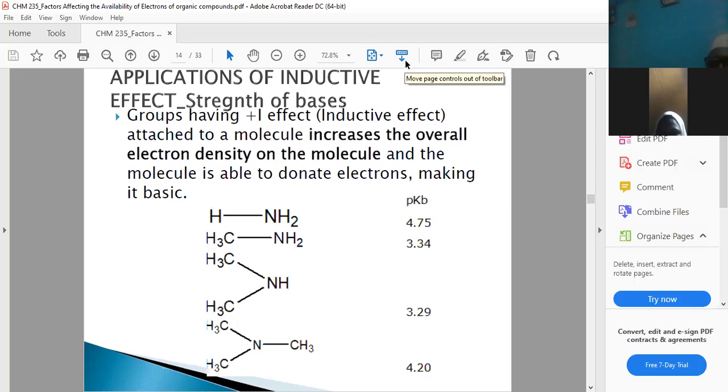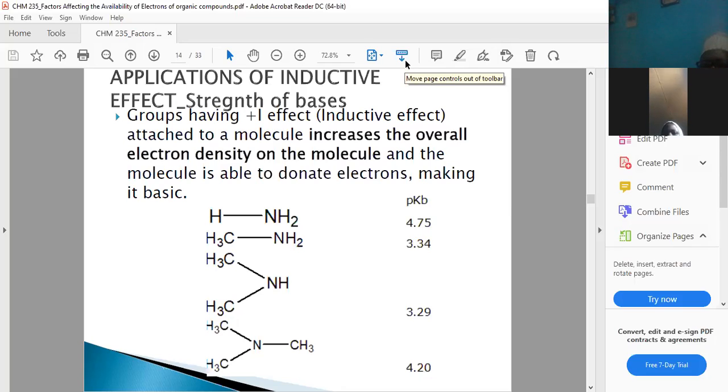But if you have a low pKb, the base is strong. So 3.29, which is lower than 4.20, the one that has 3.29, which is dimethylamine, is a stronger base than trimethylamine, which has 4.20. Get the point? Yes, sir. That is it. Thank you, sir.